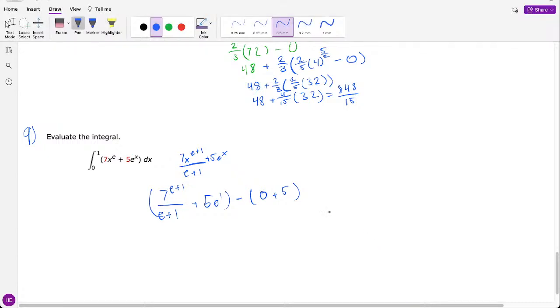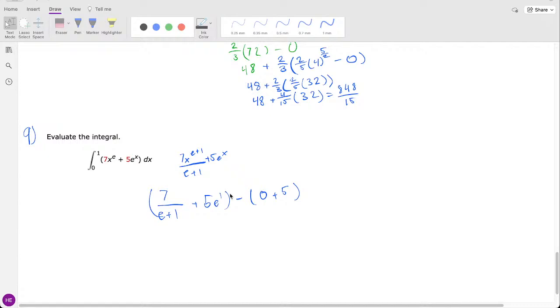No, it's not. Because if you plug 1 into it, then that's 1 to the whatever power, so it's just 7. Okay, that's what I did wrong. Well, let's try that. Okay, that's right. So 7 over e plus 1 plus 5e minus 5 is the answer.